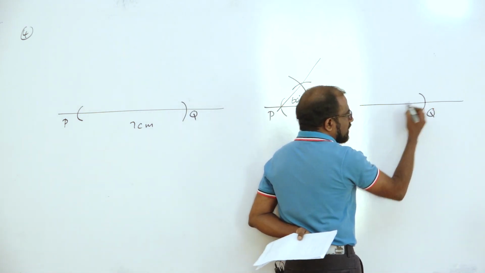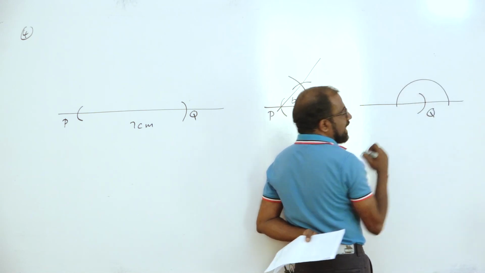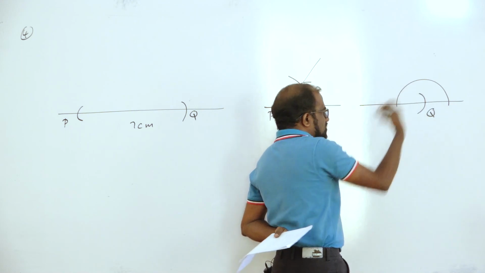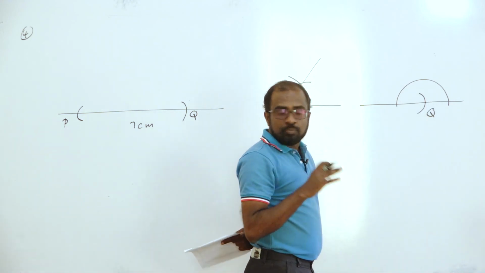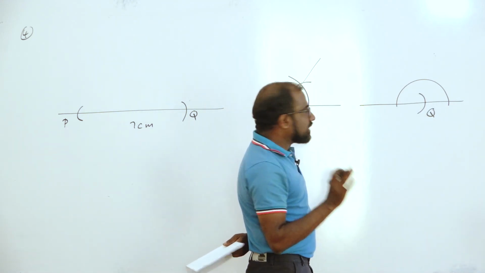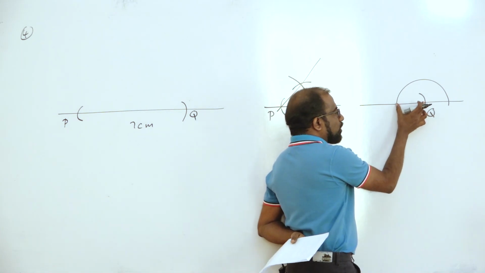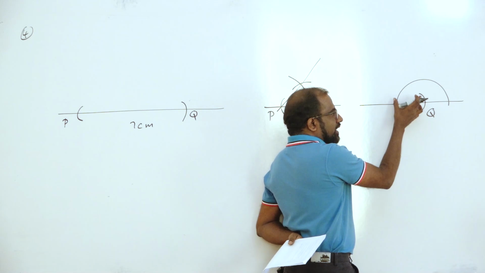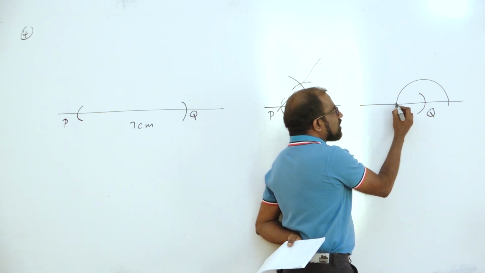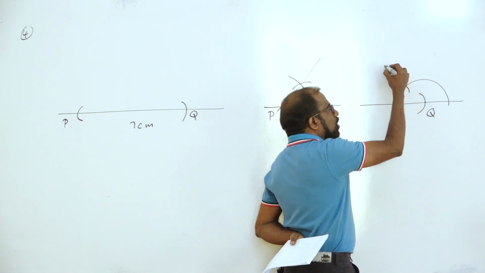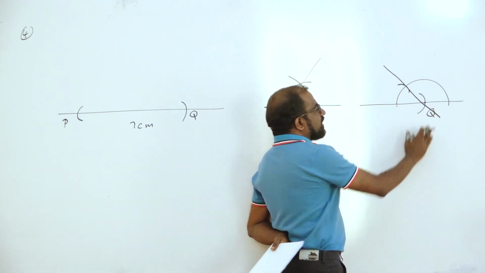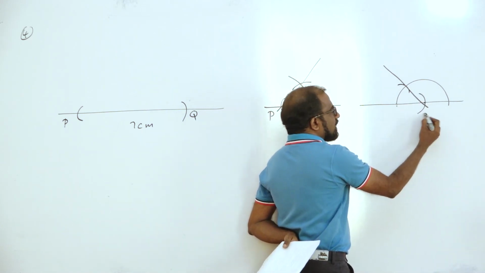Keep the compass point at Q and draw a straight angle. Keeping the radius of the compass, keep it here and draw a curve. How much is this? A 60-degree angle. So we have made the 60-degree angle.